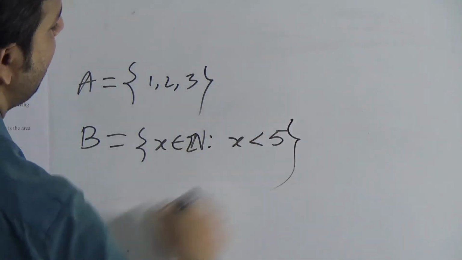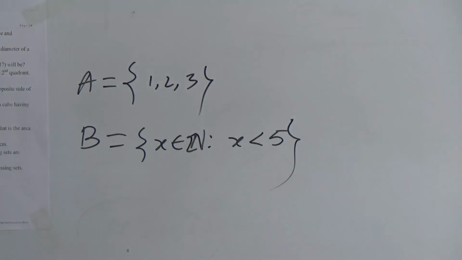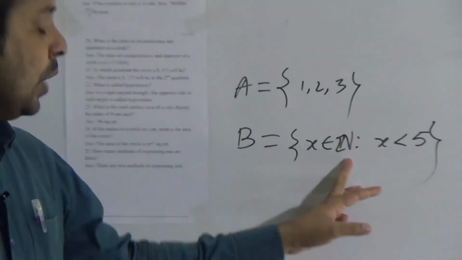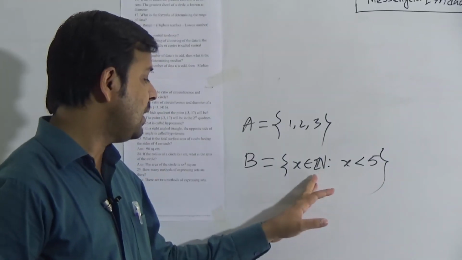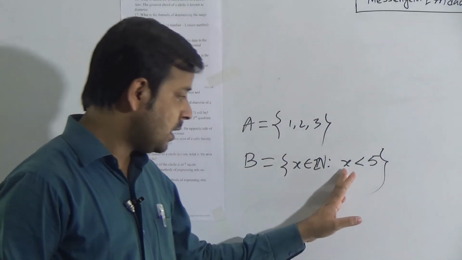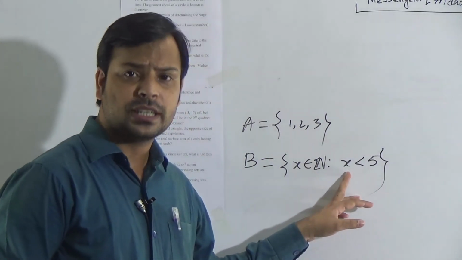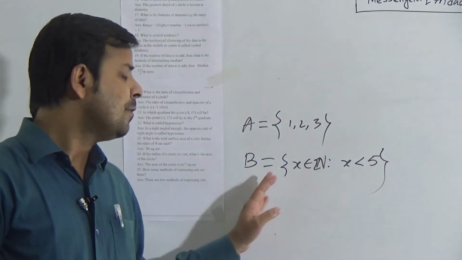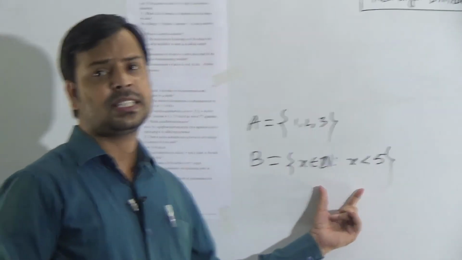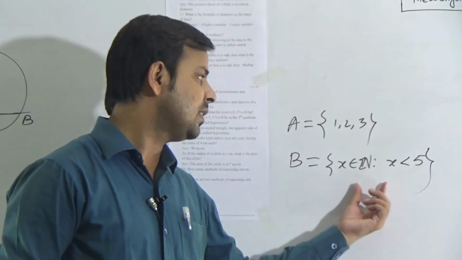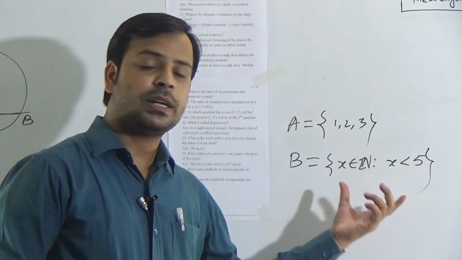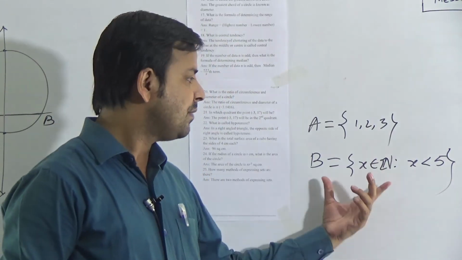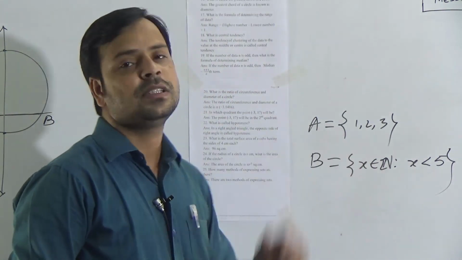Here the condition is given: x belongs to N, where N means natural numbers. Which natural numbers will be the elements of B? The natural numbers which are less than 5. It means that 1, 2, 3, 4 are the elements of B. But this is not directly given, just the condition is given. If a set is expressed in this way, when the condition is given but the elements are not given directly, that method is known as the set builder method, and the other is known as the tabular method.